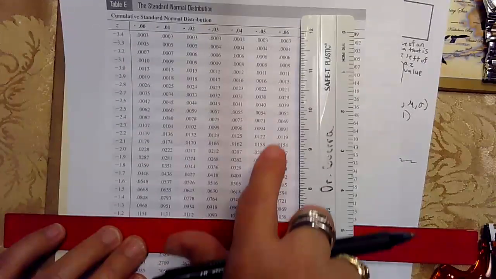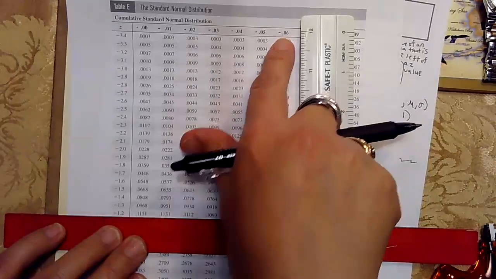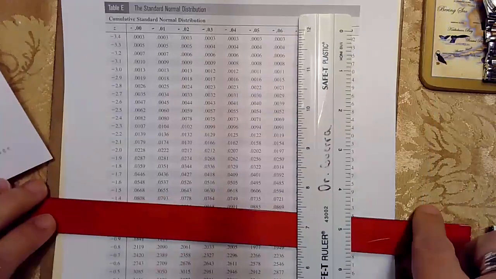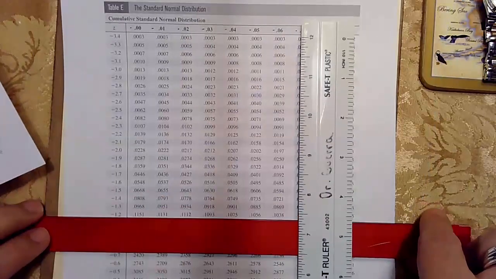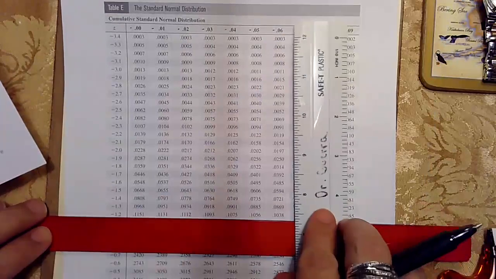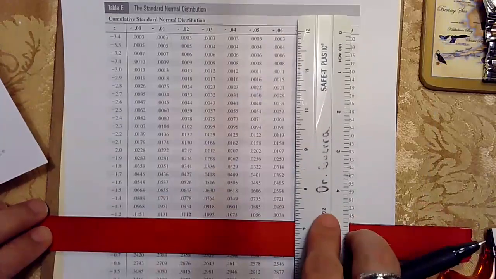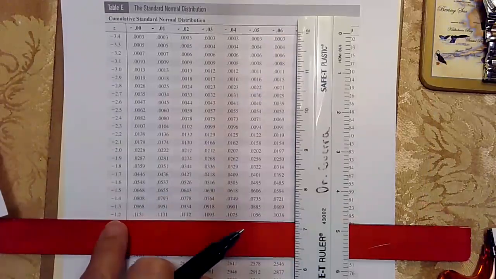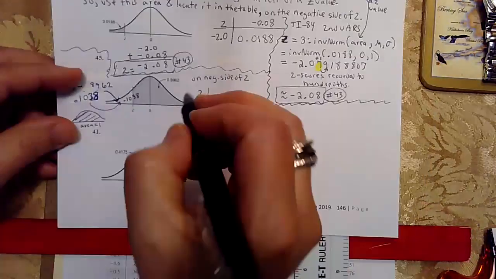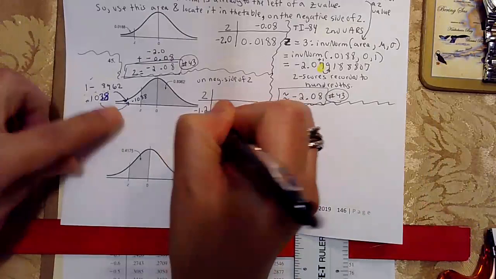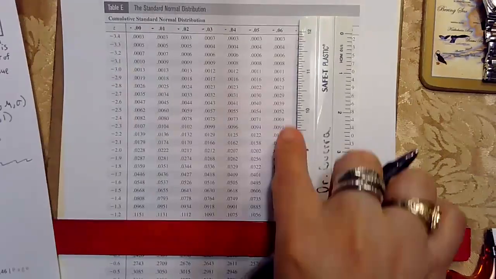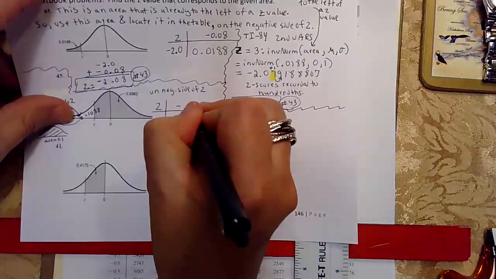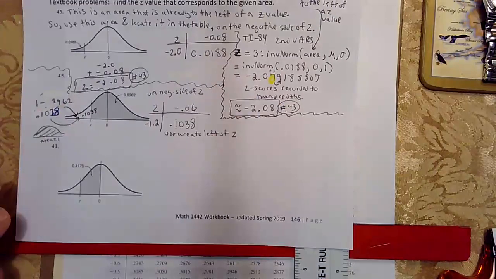And then see that and that. Okay, so I need to capture those. So it is negative 1.2, and then negative 0.06. Okay. All right, so that's my Z.